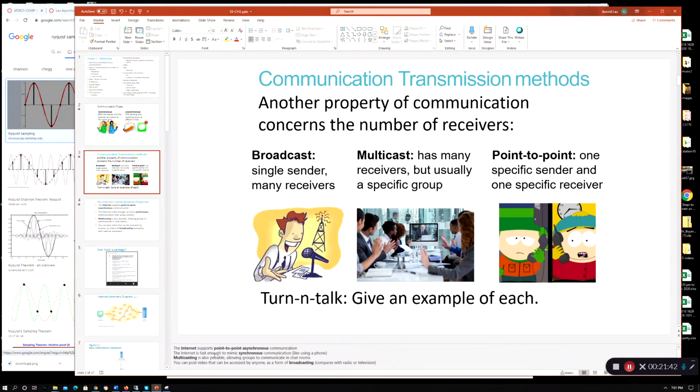On the internet, when you're talking to someone, it may seem like you're talking at the same time, and the information is happening the same way as a phone, but it's not quite there. But because the speed is fast enough, it feels synchronous. So when you use an internet phone and you're conversing with someone, it's not technically synchronous, but because everything goes back and forth so quickly, it seems like it is. Okay, so that's just an interesting side note there.